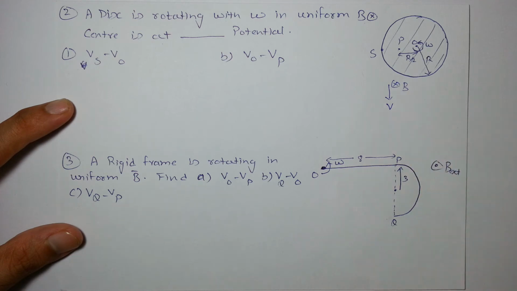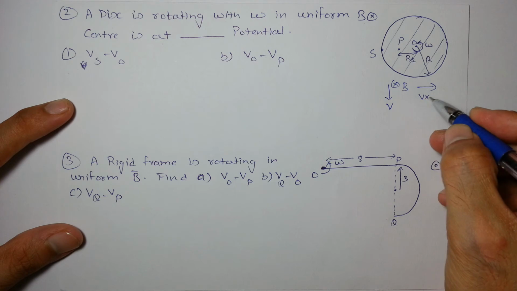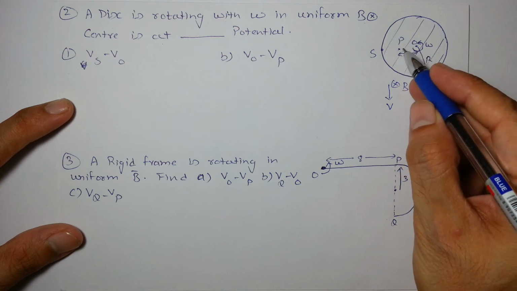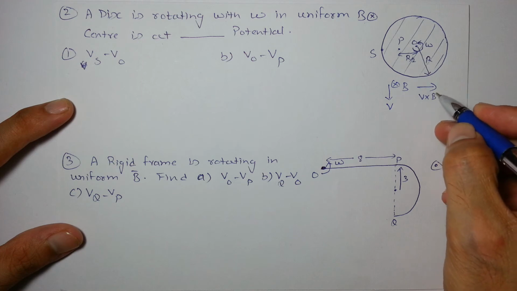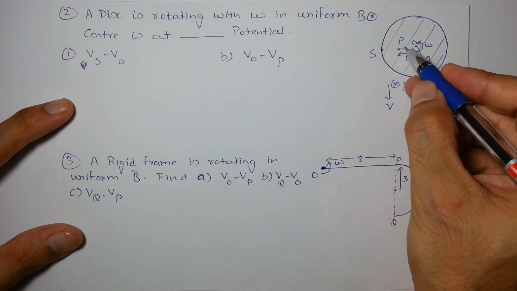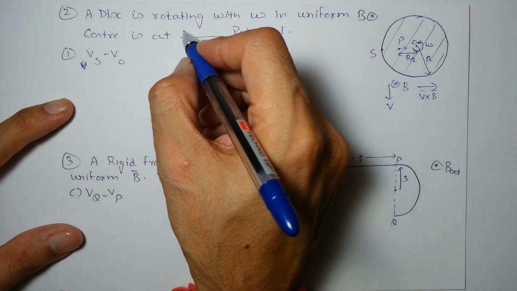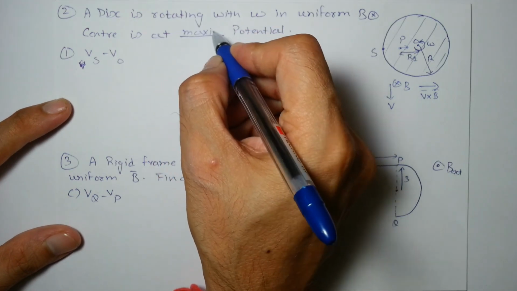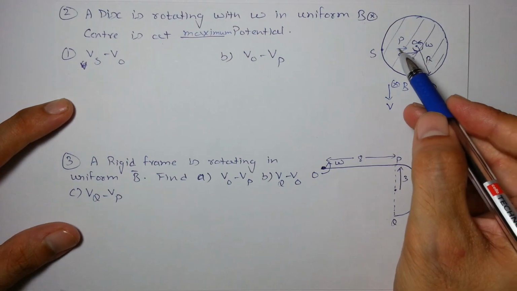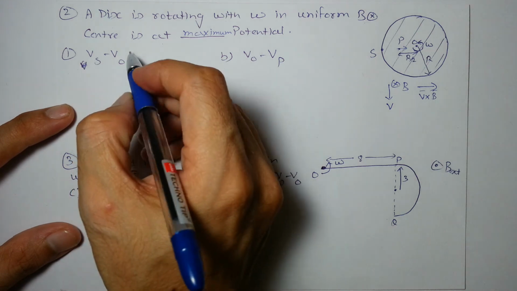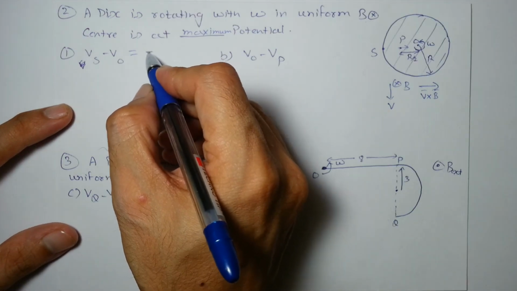So V cross B at P is towards the right, which means towards the axis. So the axis has maximum potential in this diagram. As we move away from the axis, the potential will decrease. So Vs minus Vo will obviously be negative.